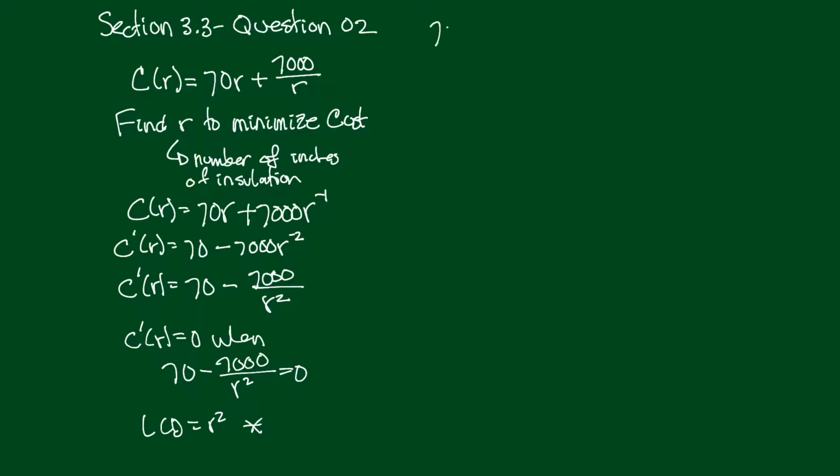So we will get 70r squared minus r squared times 7,000 over r squared equals r squared times 0. All I've done here is multiply through, right? Our LCD is r squared. I multiplied every single term by r squared.